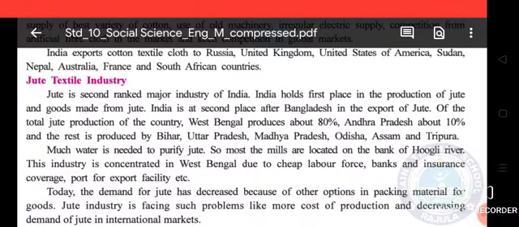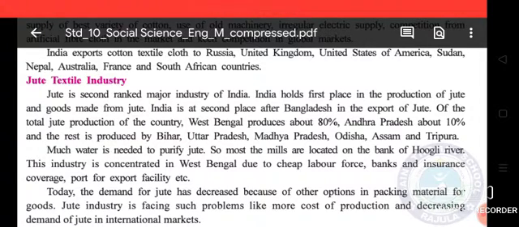Much water is needed to purify jute. The jute textile industry needs more water. So most of the mills are located on the bank of the Hooghly River because water is necessary.